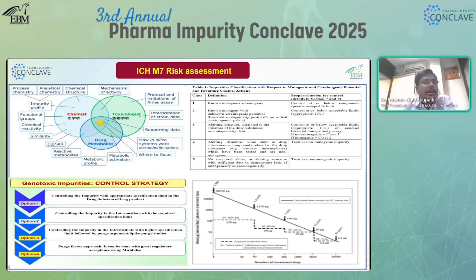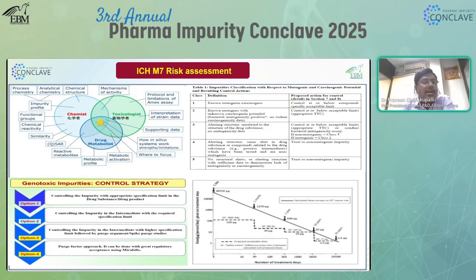And the other approach will be to control the impurity in the intermediate with the required specification limit. So obviously, with the TTC limit, you have to control the impurity in the intermediate stages. Or we can control that impurity in the intermediate with some limit.